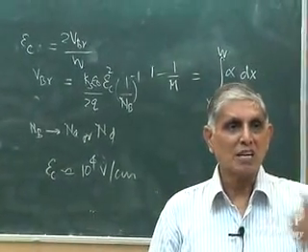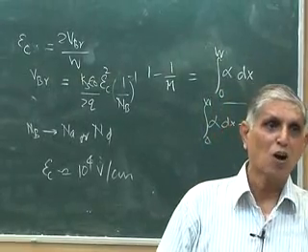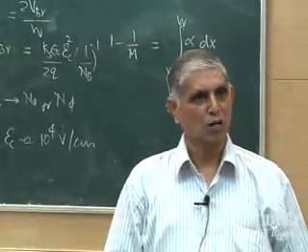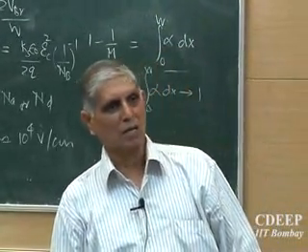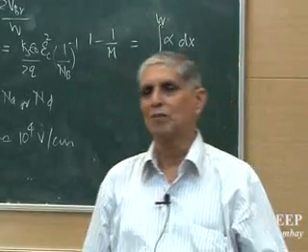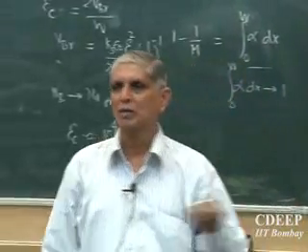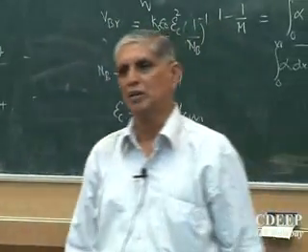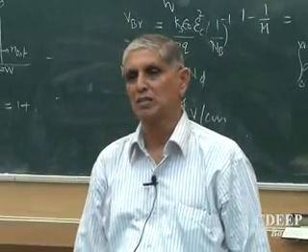Because an electron must acquire sufficient energy to knock the bond. This is the field at which one may say knocking of bonds is possible. So EC should be at least 4 into 10 to the power 4 in some materials, 6 into 10 to the power 4 in some other materials. It depends on the material property. This critical field will be of the order of 10 to the power 4 volts per centimeter.